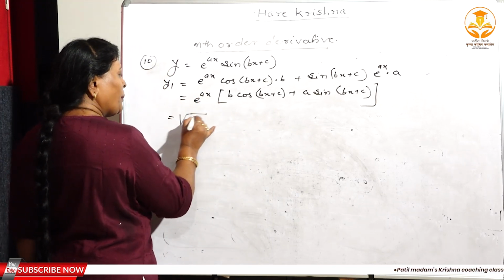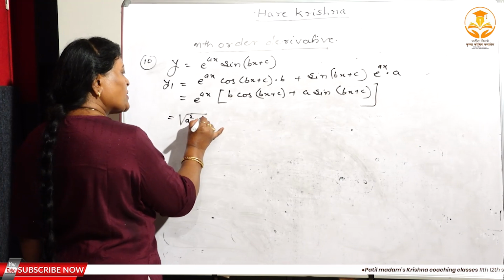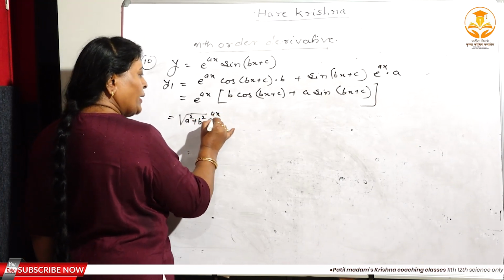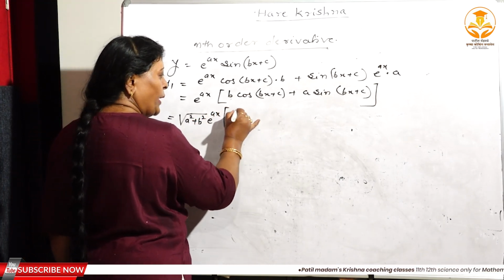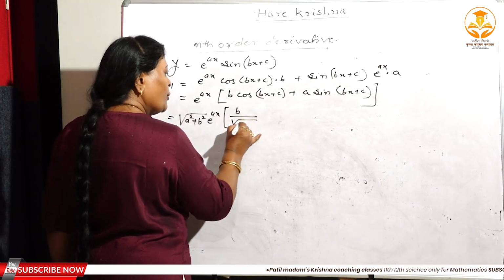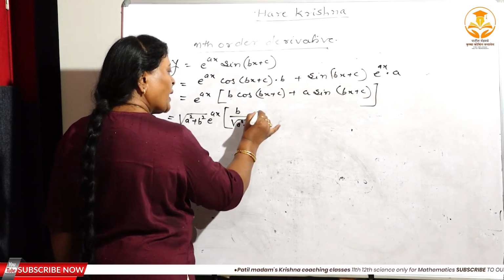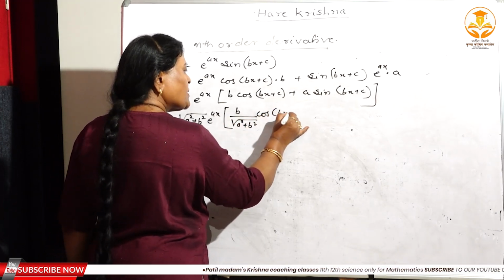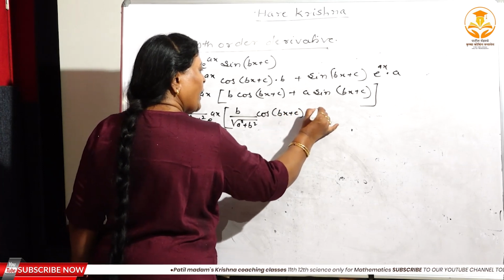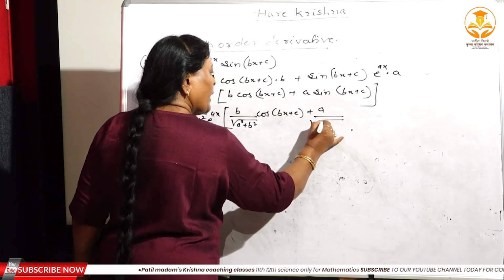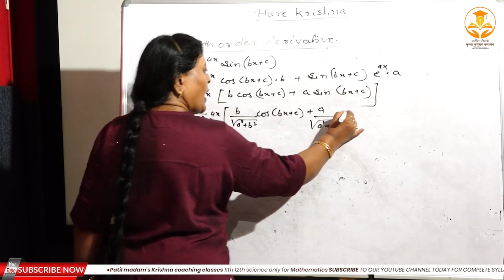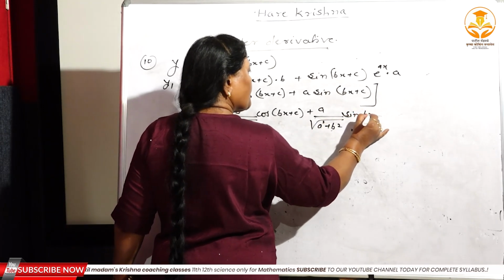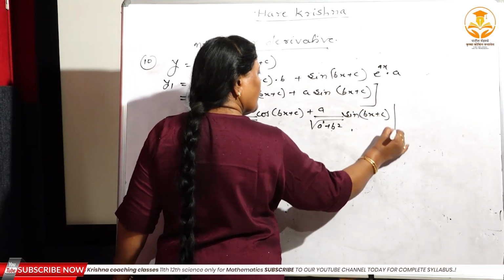Now I am going to multiply root of a square plus b square into e raised to ax. Here also you have to multiply, that is b divided by root of a square plus b square cos of bx plus c and a divided by root of a square plus b square sin of bx plus c, isn't it?